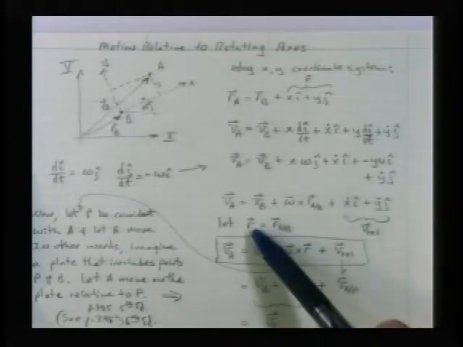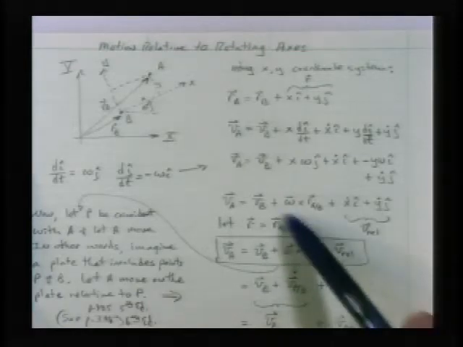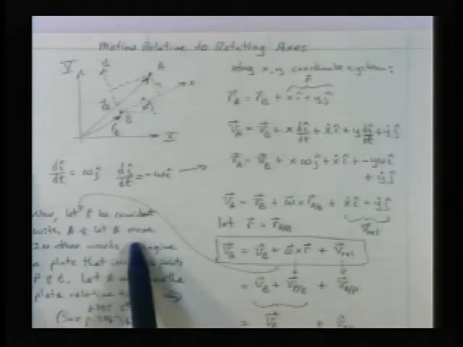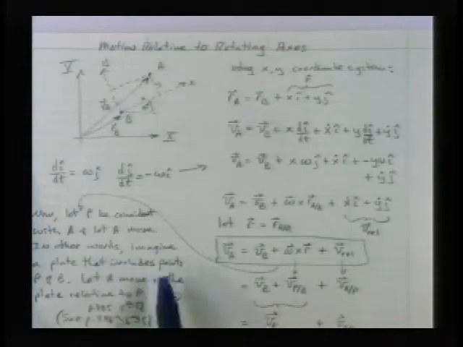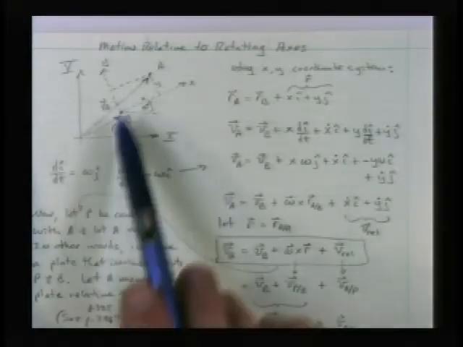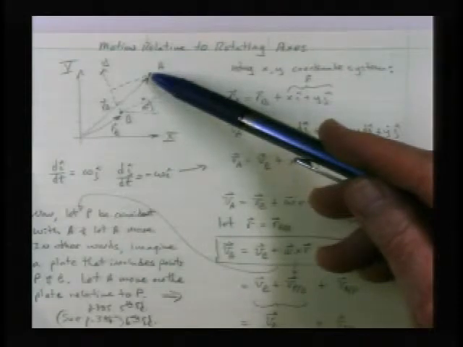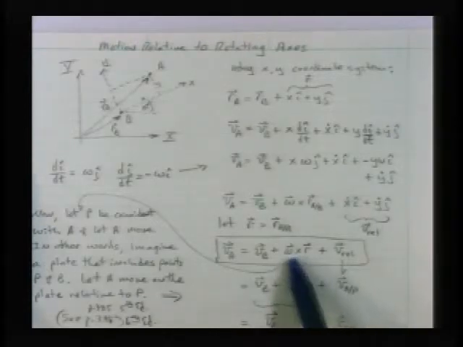Now, little r vector, to abbreviate it, is the position vector of A relative to B. Now, if we let point P be coincident with A and then let A move away from P, in other words, imagine a plate that includes point P and point B, and then let A start to move away from P, then we can break this velocity equation up into different components.